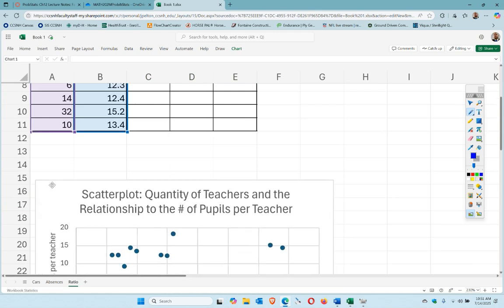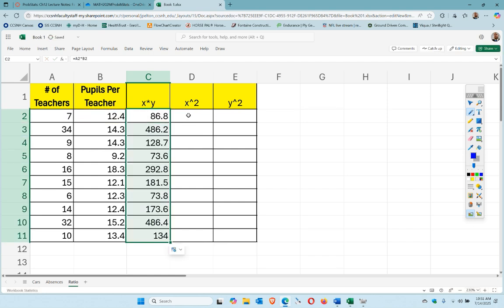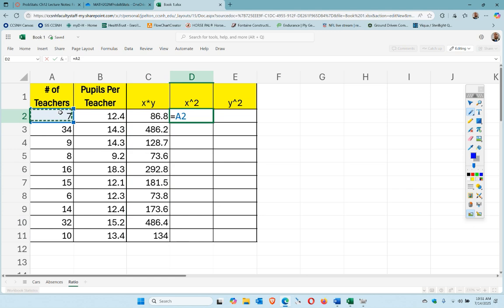Oops, get this out of the way. Uh-oh, what happened? I don't know what happened there. We lost those ones. We'll fix that though. And we have x to the second power, and y to the second power.